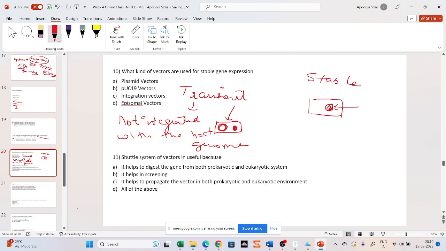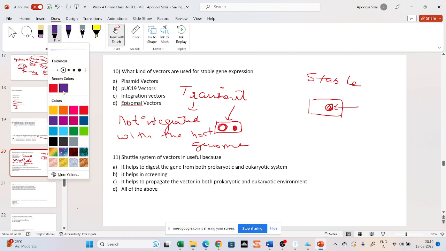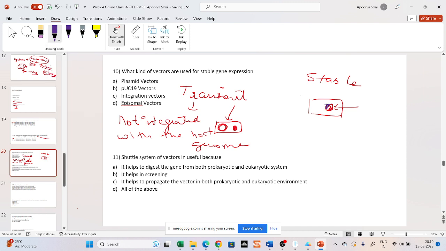Suppose red color is your host genome. Your DNA is going to get integrated with the host genome. Whereas here the DNA would be present as an episome, meaning it is not integrating. So it will be present for only one generation. Whenever it replicates, this DNA is gone.